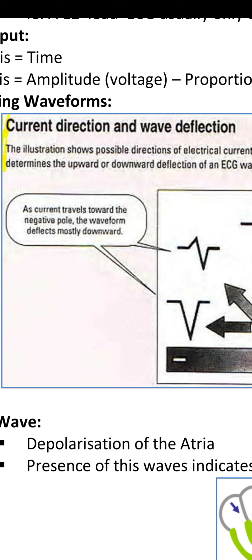When the current passes towards the negative pole, the ECG goes down.